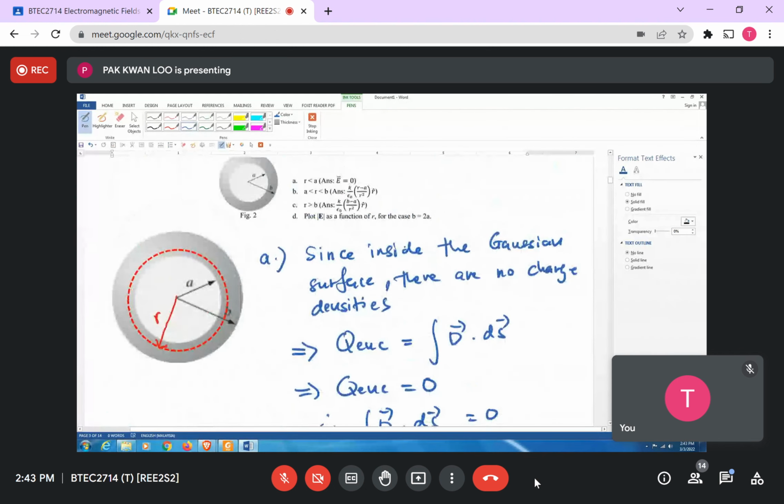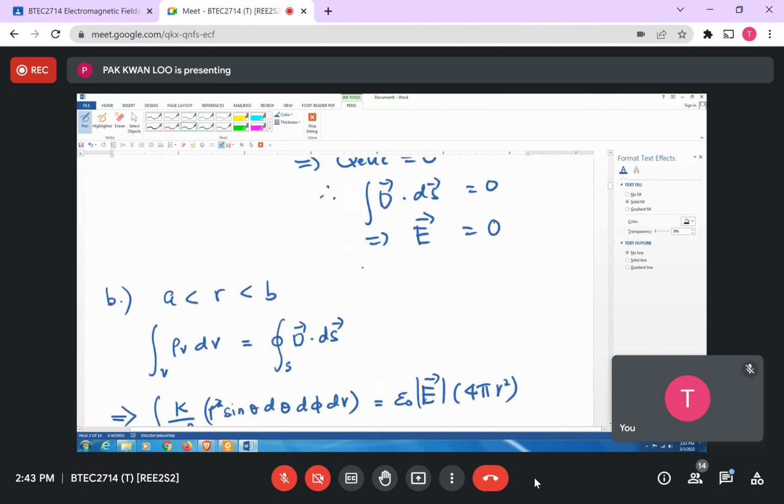Now for part C, we have to plot the magnitude of E as a function of R, for the case of B equals 2A.